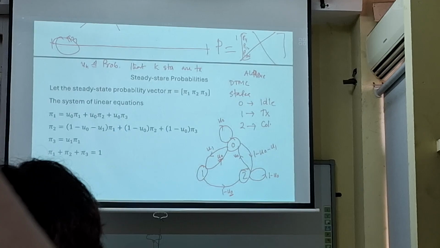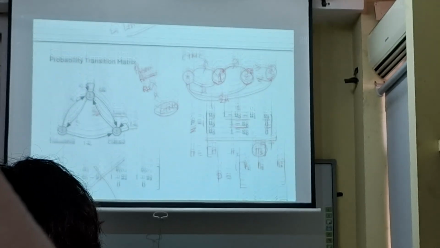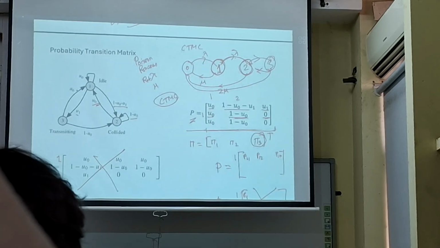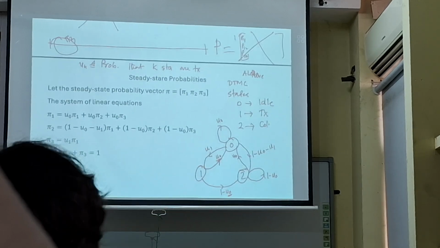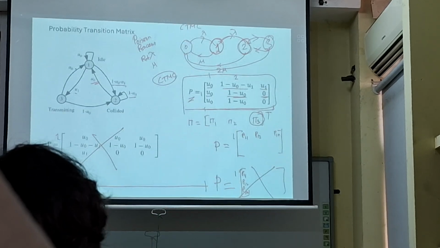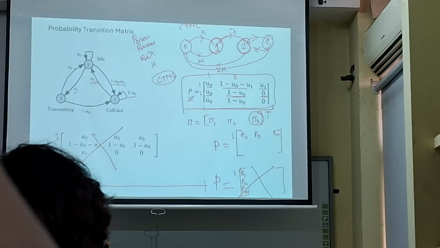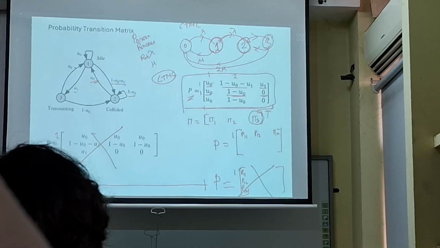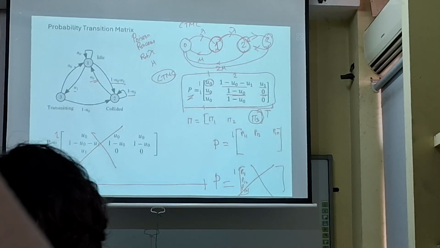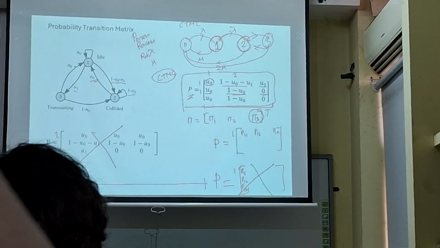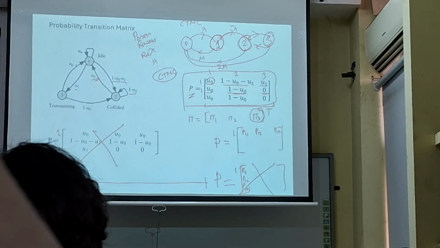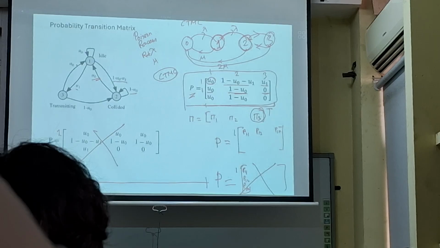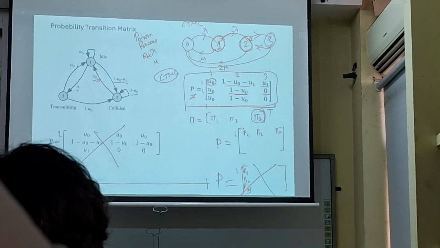Now from this, we can represent the transition probabilities with the transition matrix here. From the idle state, you can move to the idle state with probability U0. From the collision state, you can move with probability 1 minus U0 minus U1. And the successful transmission state from this one is U1, and so on.